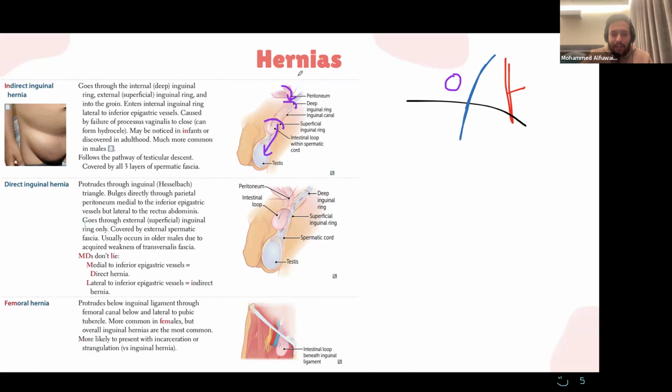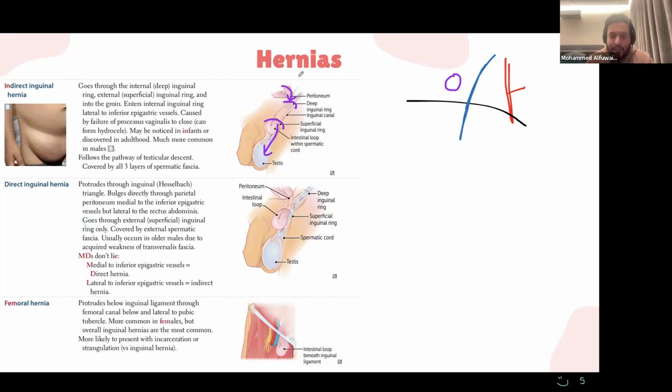Usually the processus vaginalis, if you remember from the testes, goes from the posterior abdominal wall, through the inguinal canal and inguinal ring, and to the scrotum. While it's doing that, it pulls part of the peritoneum with it, which is the processus vaginalis, and later it closes. If this persists, it will form a hernia, which is indirect inguinal hernia.